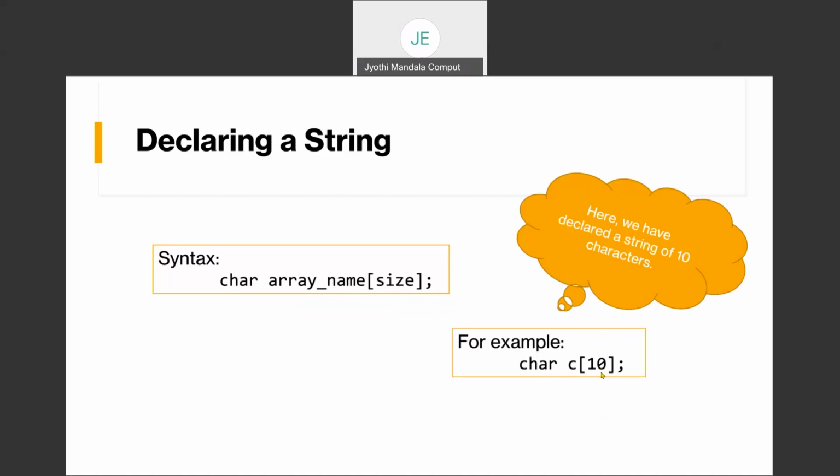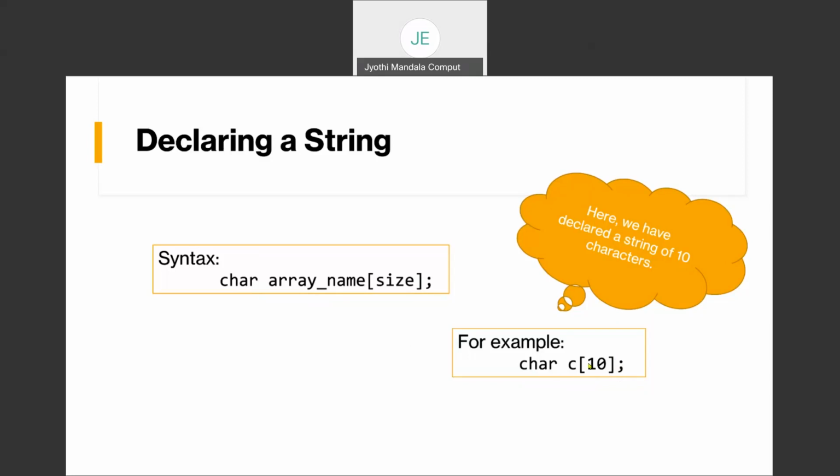Even if you try to store 10 values, you will not get any error, but make sure that whenever you declare any character array, you add one more location. Suppose you want to store 10 characters, give the size as 11, so that the last location is given to \0 storage. So always specify the size as per your requirement, plus 1. That is what I want to tell here.